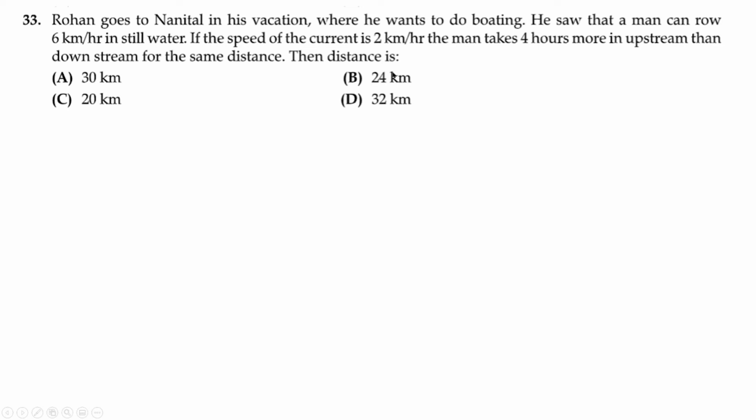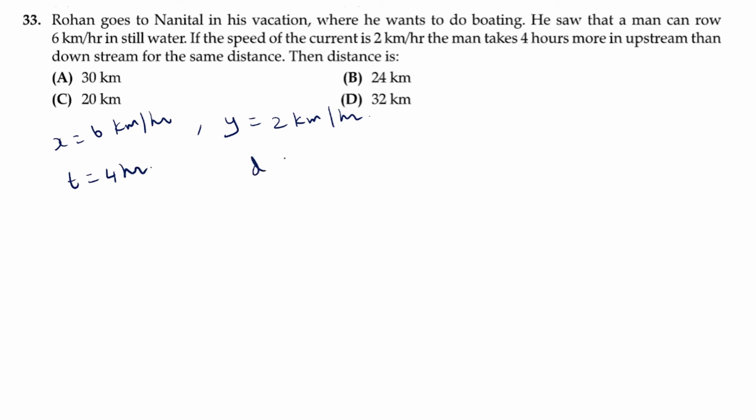Then the distance is. So here the speed of the man in still water is given, x is 6 km per hour. Then speed of the current is given, y is 2 km per hour. And here the man takes 4 hours more in the upstream than the downstream for the same distance. So the additional time t is given by 4 hours.